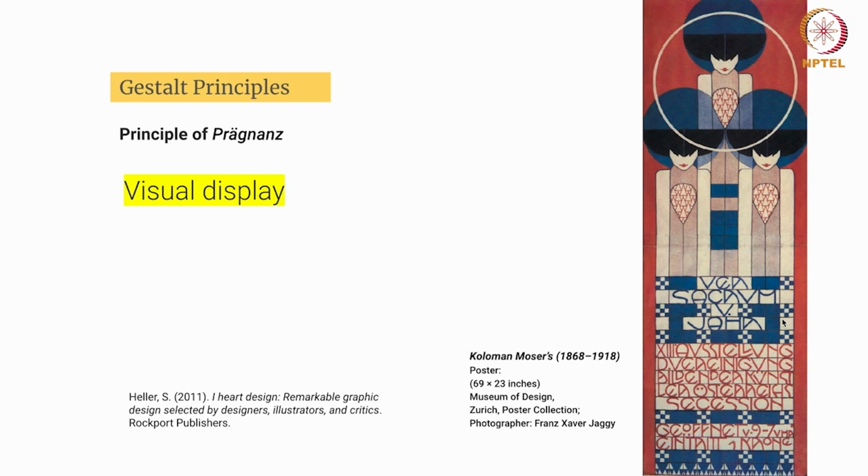In terms of visual display, when you observe the overall poster, your brain ignores most of the details and comprehends the characters associated with it. It presumes these are part of the overall composition. Then gradually, when you go to the details, you can sense all the typography associated with the overall representation.